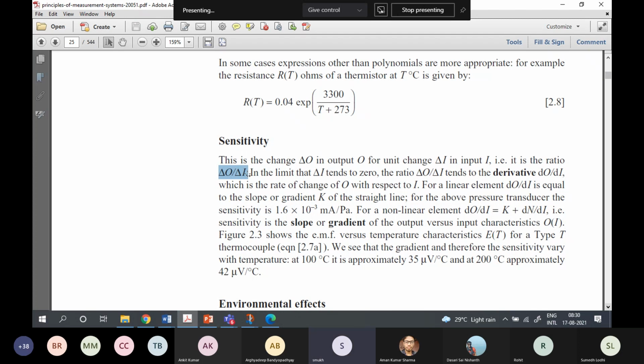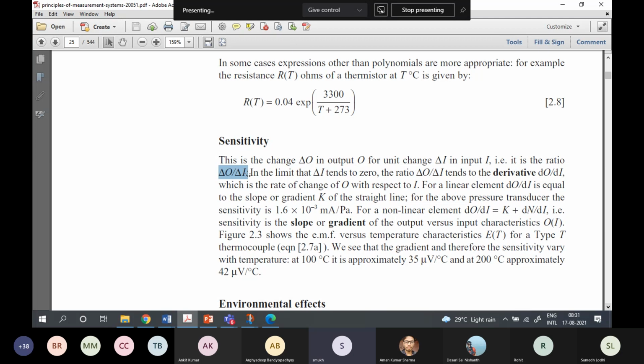Immediately you can understand what the range of the input is. If you know the sensitivity, you know the range of the input quantity which you can measure, right? Sensitivity is often very important, and we want instruments to be highly sensitive, but at the same time, sensitivity sort of restricts the range. If you have a highly sensitive instrument, then you can measure a very small change.